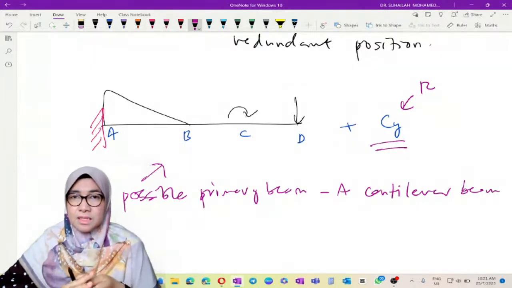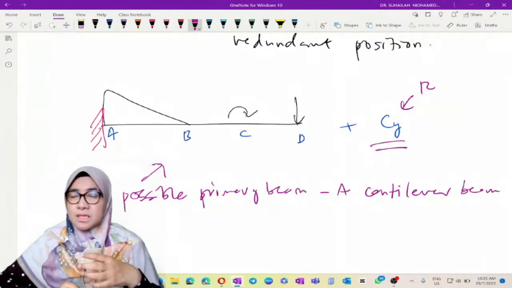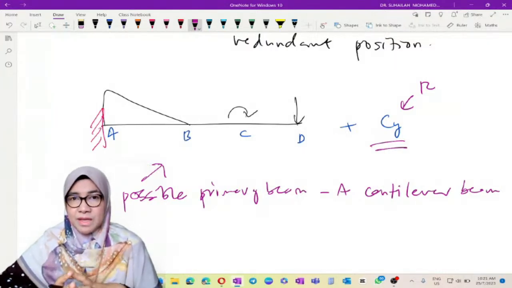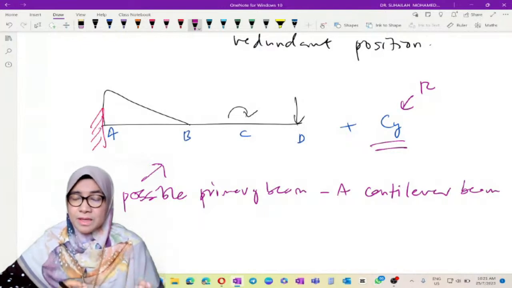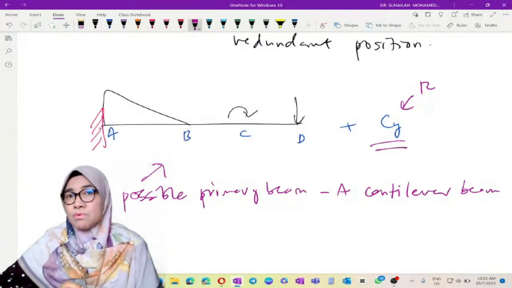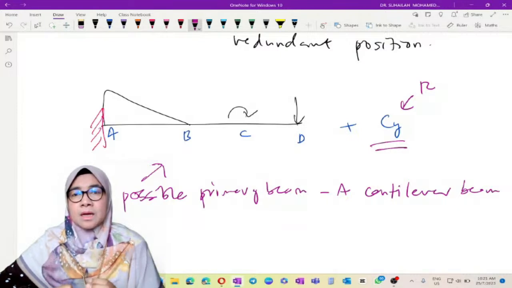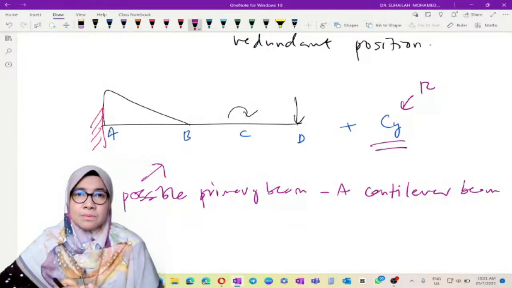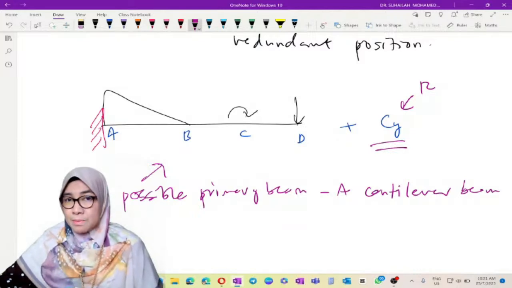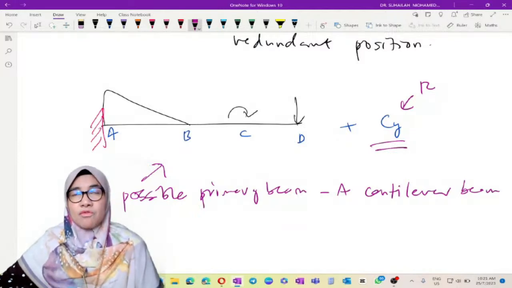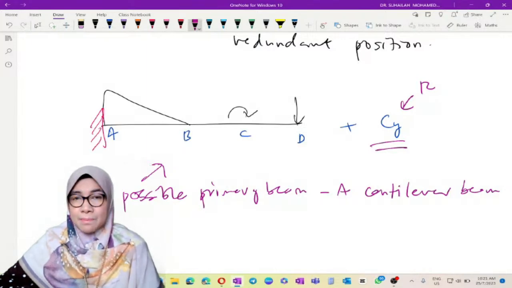So we have to change the support condition: originally it is fixed at A, and to go from fixed to pin, we remove the moment at A. The beam is then the primary beam of the simply supported type.